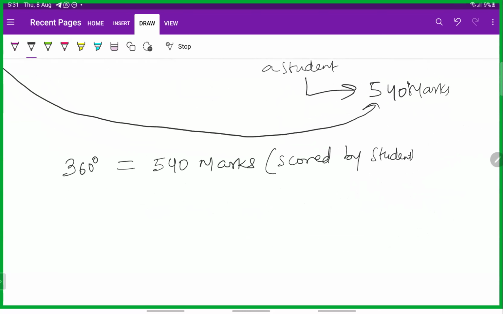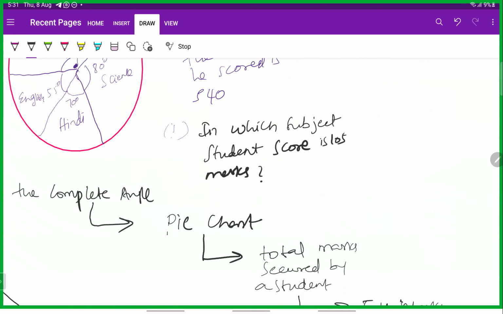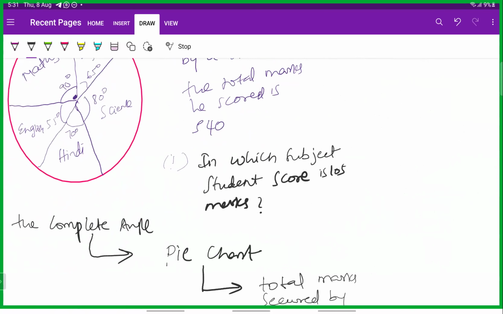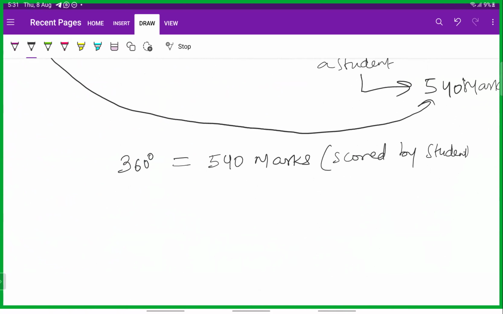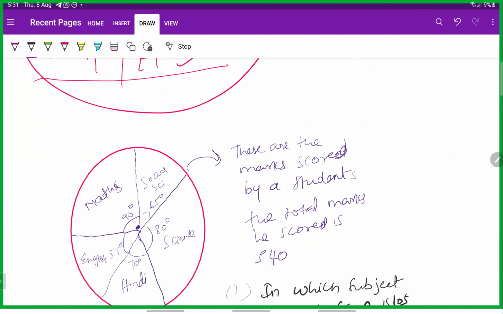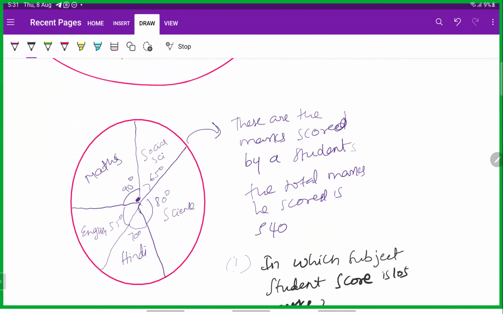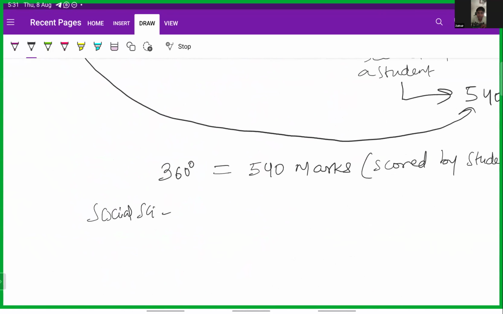Okay. Now I will go subject wise. Let us go with social science first. So social science is how much they are saying in the question? 65 degrees. Correct or not? Yes, sir. For 360 degrees, it is 540 marks.